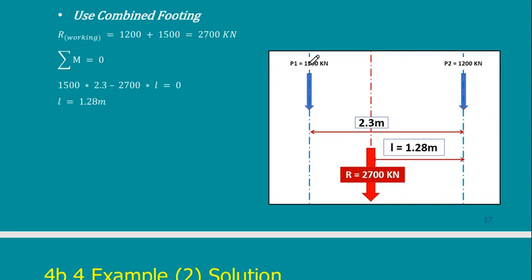So 1,500 multiplied by 2.3 should be equal to 2,700 multiplied by this distance. So it's just a normal equation, one unknown. I will get this to be 1.28. So now I know that this distance is 1.28, and I know where the CG is.